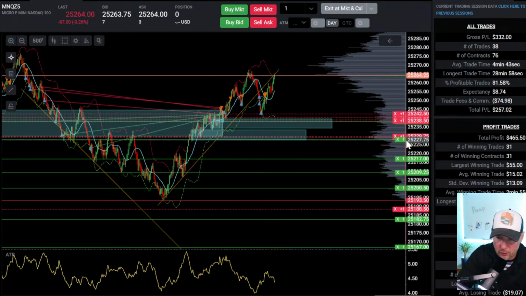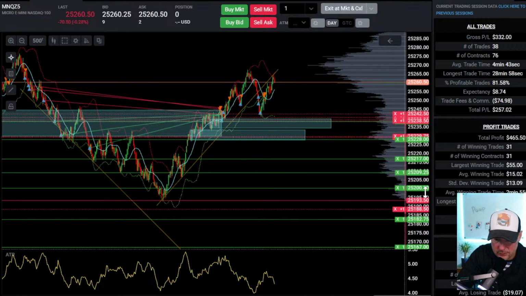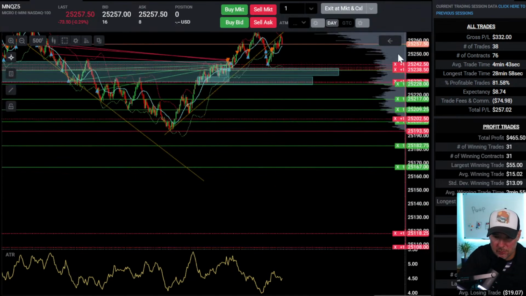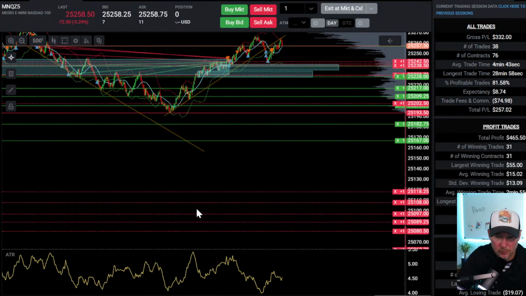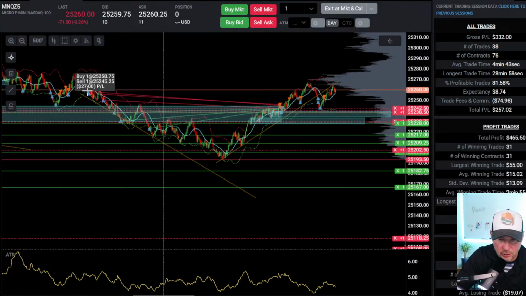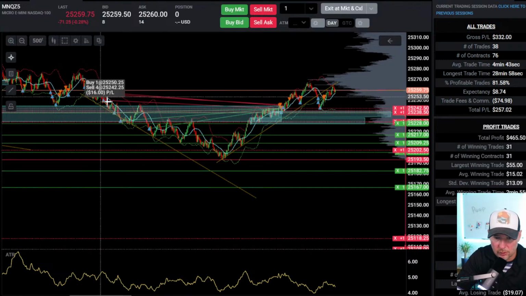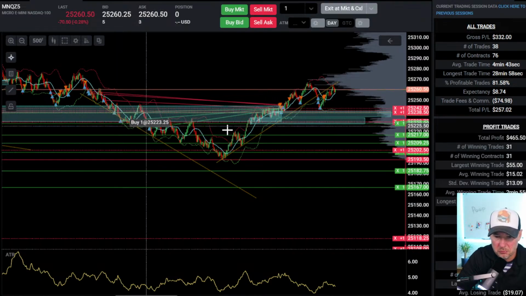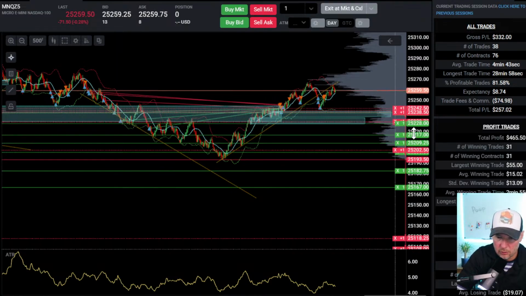All right, so we have 1, 2, 3, 4, 5, 6 micros. How did we do last time on the 6 micros? Well, we started them a little bit early. We started them right here, 1, 2, and we had a third one right here. So if we start from here, 1, 2, 3, I'd only be with 2 micros at that point.